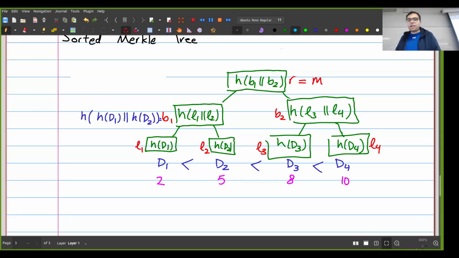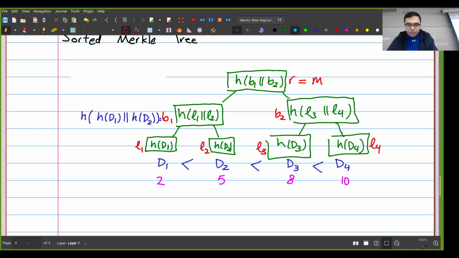And suppose that I want to prove that there is no 6 in here. How can I prove it? Well, I can just prove the existence of D2 and D3. I can just prove the existence of 5 and 8. Because when I prove the existence of 5 and 8, I'm not just proving that they exist in the tree, I'm also proving their location in the tree.